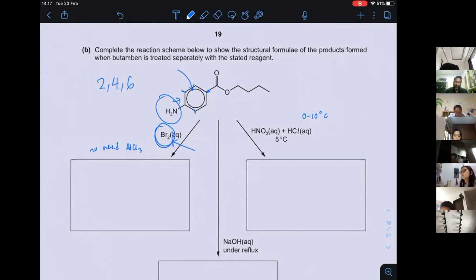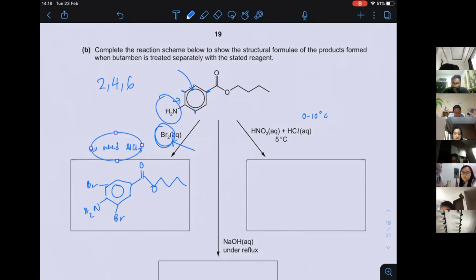So when you draw this, I will draw NH2. Here Br will come here, Br will come here. This is the structure that we are going to get. So no need for AlCl3 like what I wrote over there.